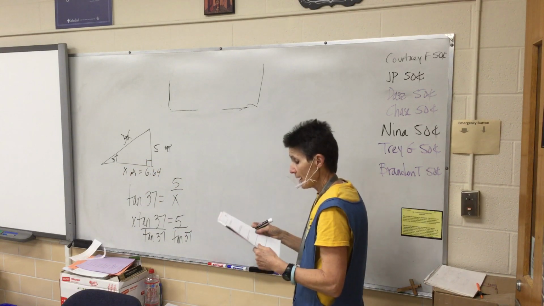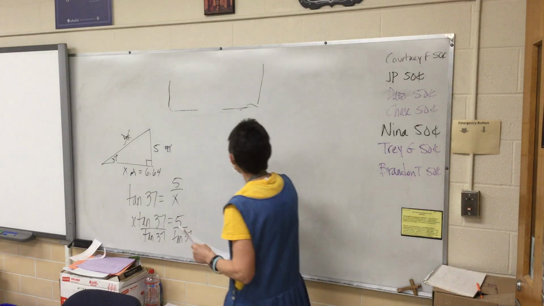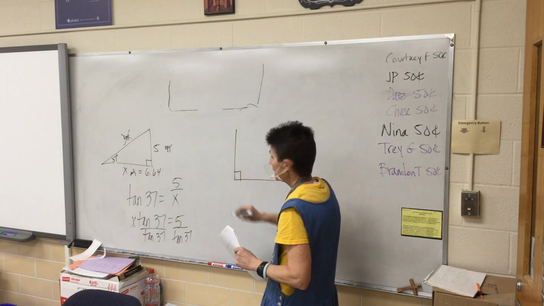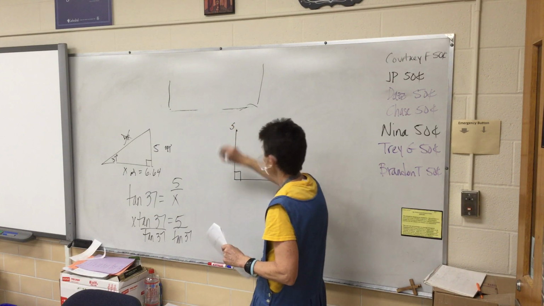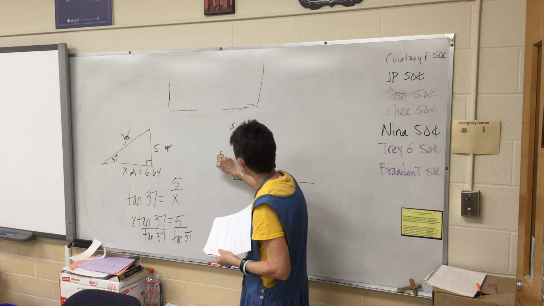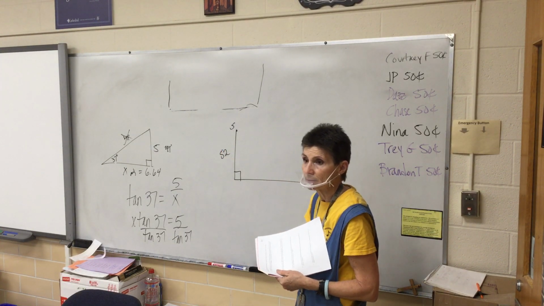We have a squirrel in the top of a tree. So I'm going to draw my tree. Here's my tree. And here's the squirrel on the top of the tree. The tree is 52 feet tall. So I'm going to put 52 right there because that's the tree.